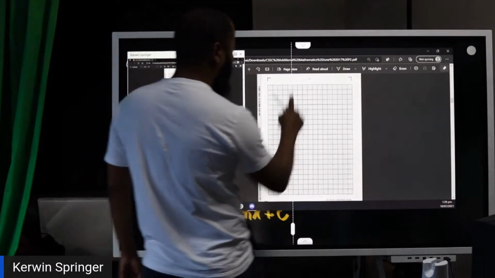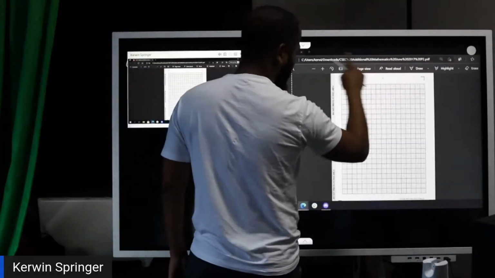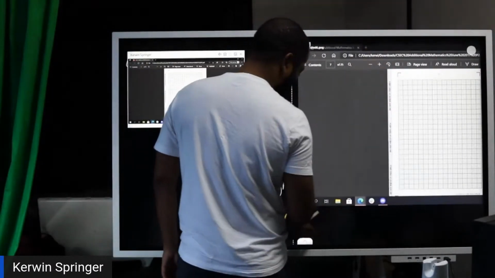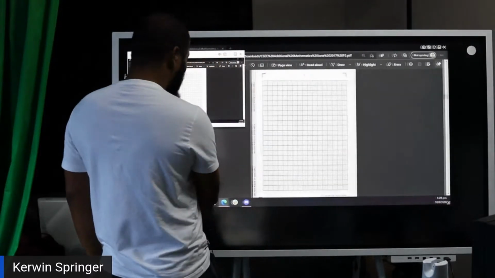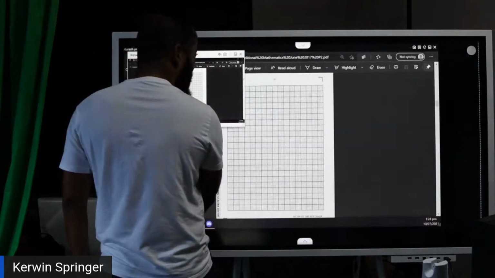I must really like to teach maths, to be going through all this nightmare to draw a graph.